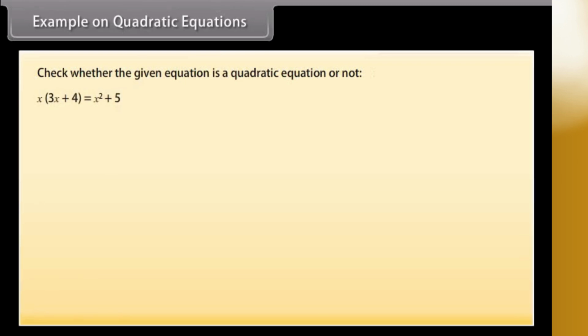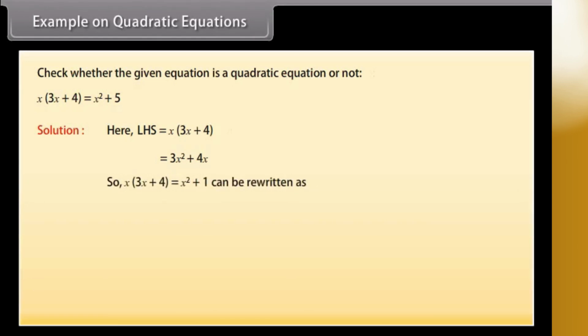Example on quadratic equations. We will now check whether the given equation is a quadratic equation or not. Solution. Here, LHS is equal to x into 3x plus 4, which is equal to 3x square plus 4x.